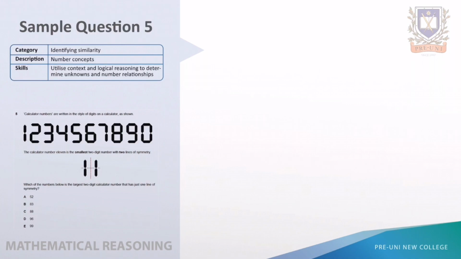When we look at A, 52, we can see that there is no way that there is any symmetry either horizontally or vertically. So we can rule out A as not the answer. For the second one, 83, we are able to see that there is a line of symmetry horizontally.